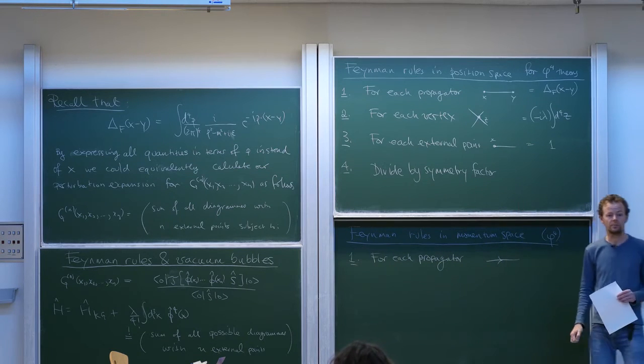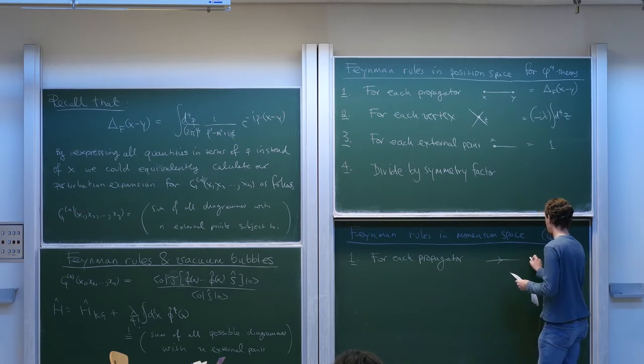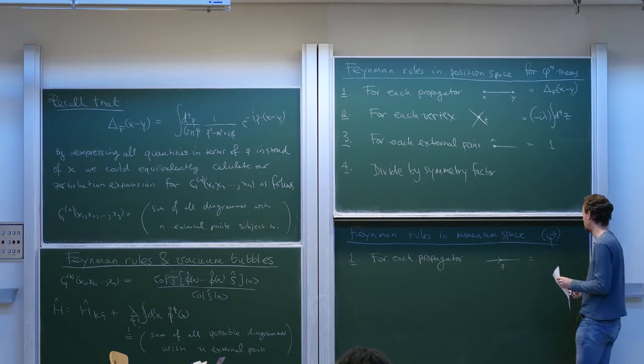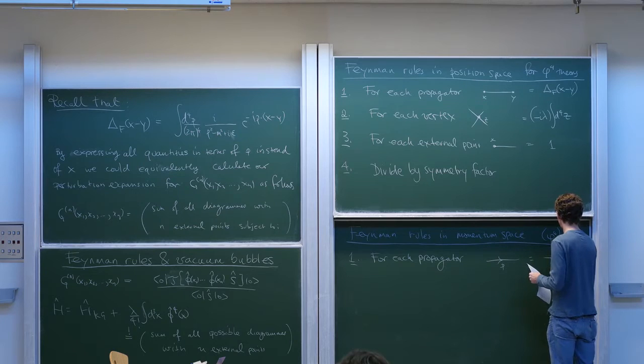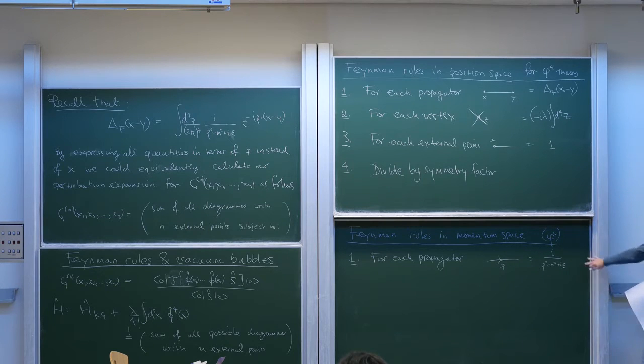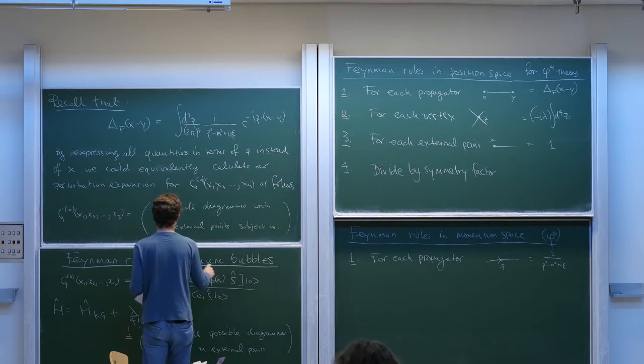So for every propagator, we now have an oriented line, and we put the value p on this line to indicate that momentum p is associated with this line. And we associate this rational function here to such a directed line.